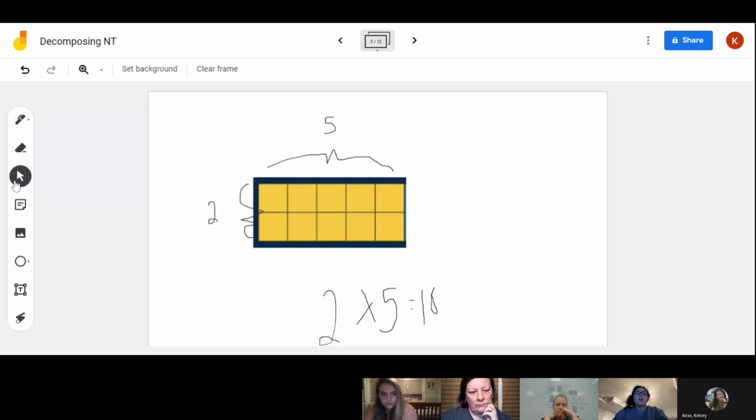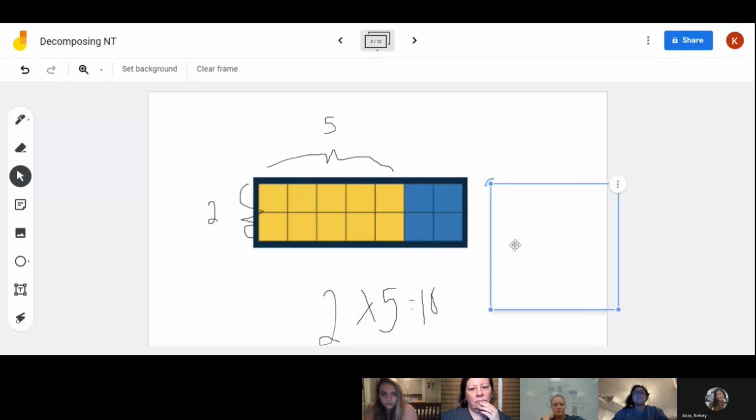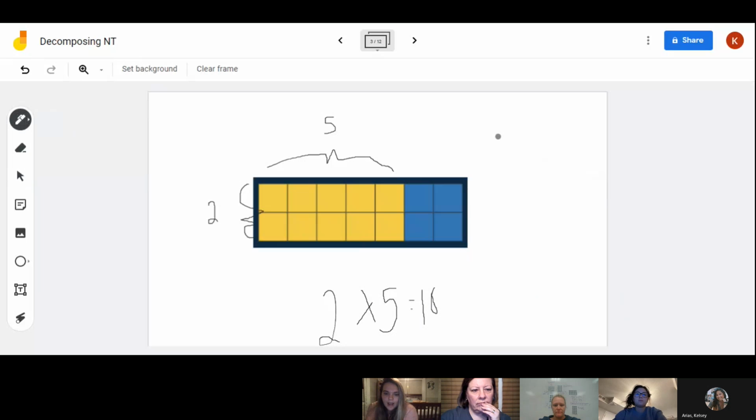What if I were to move this and we see new squares? What can we do? You can add them on to the 10. Okay, so can anyone tell me what this blue square is? Put a thumb up to your chest when you know. Renee, can you tell me what this blue square is? There's 4. Okay, and how did you know this is 4?